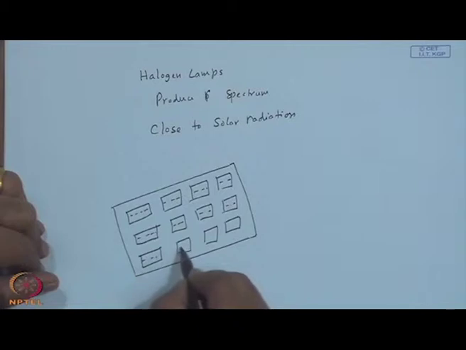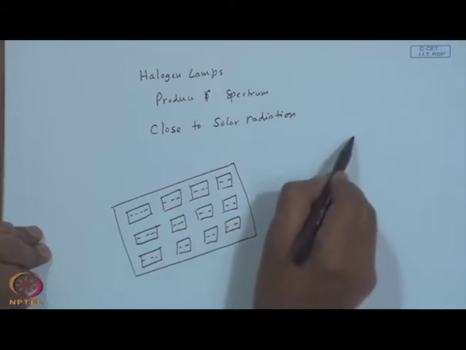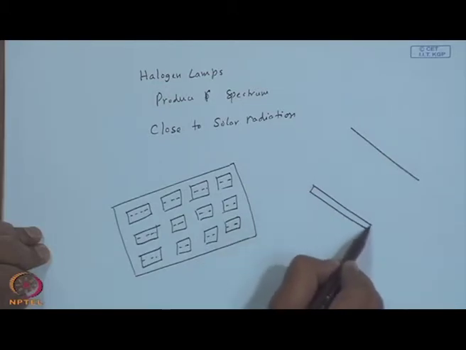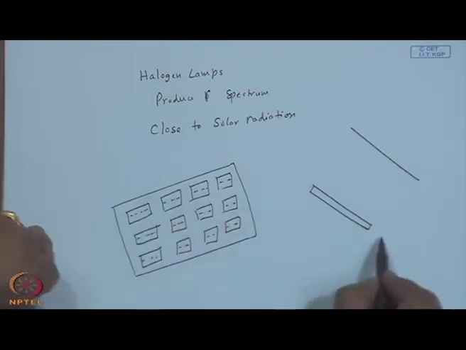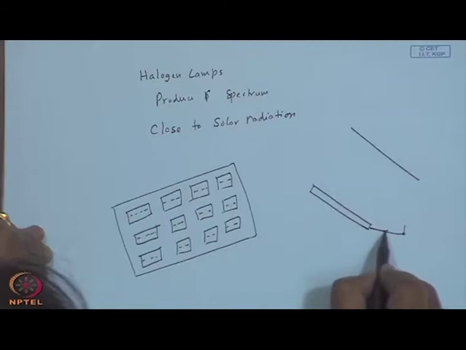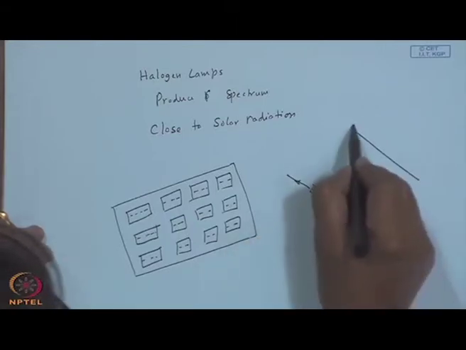So, a simple arrangement can be made so that the angle can be changed. If this is the one, you may keep your collector parallel to this with, of course, flow and other instrumentation.